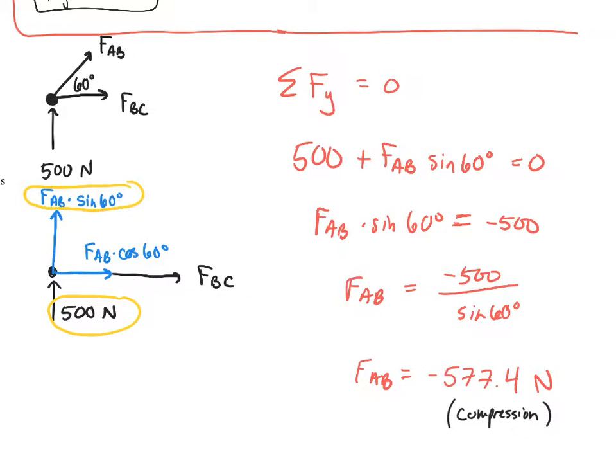Now, here's the thing. FAB also affects my answer for FBC. How so? How does FAB affect FBC? Look at my diagrams. How will they be used together?